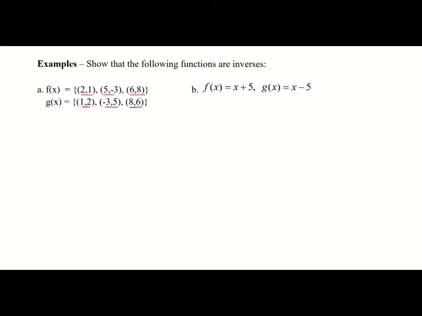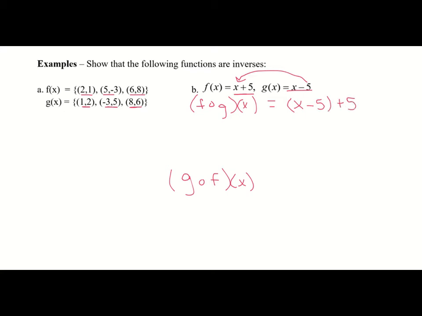Now for B, because we have two expressions or two functions, we're going to have to do our composition of each. I'm going to do f composed with g of x and also g composed with f of x. First, f is x plus 5, so instead of x, I'm going to plug in my x minus 5 and then keep my plus 5.